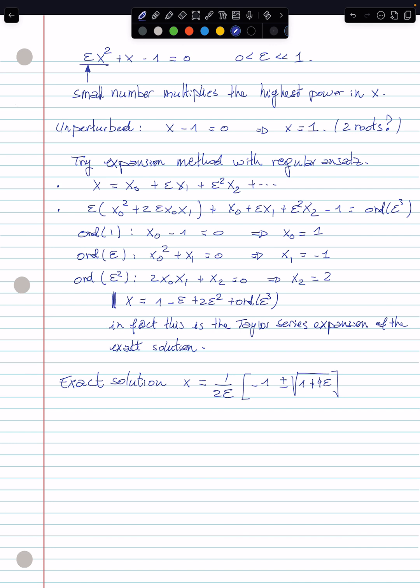And that means if you expand the square root, it means that x behaves like 1 over epsilon. This symbol here means behaves as, meaning that if I just drop higher order terms, this is the expansion I would get. So minus 1 plus or minus 1 plus, so what comes inside the square root over here, divided by 2.